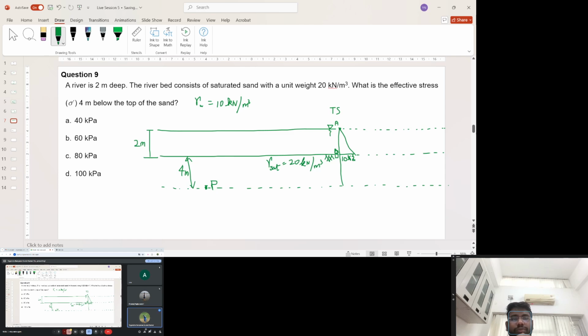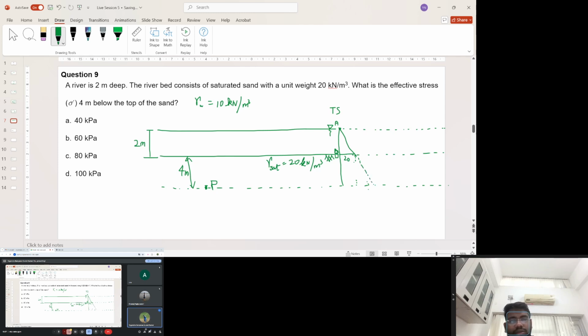Now at 4 meters, what happens is that this 20 will continue and further it is 4. Here it will be 20, which is 2 into 10.